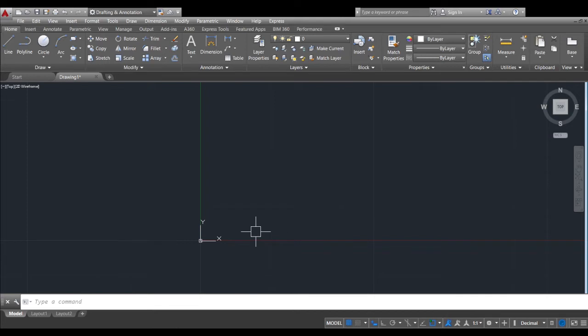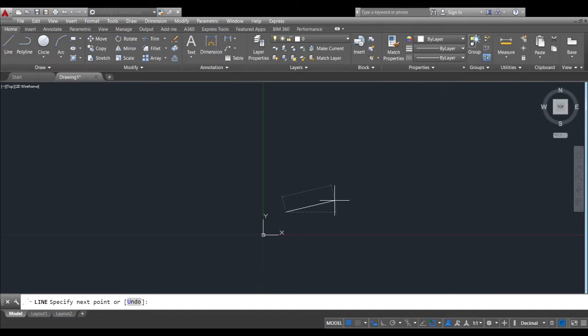So we will enter first the line command. L, enter. And to specify our first point, we will just input 1,1. If we zoom in, this is where the first point is located. Then our point number 2.